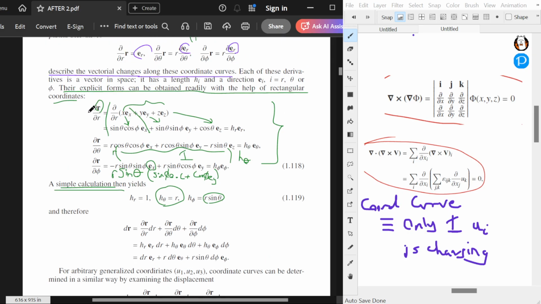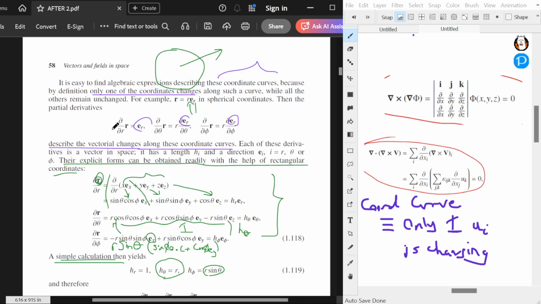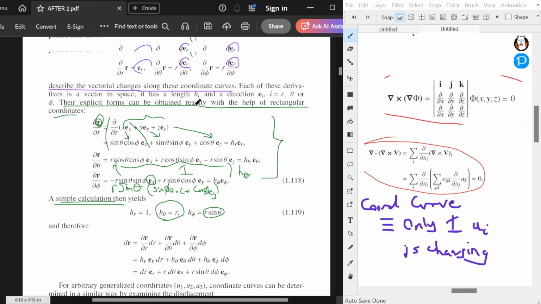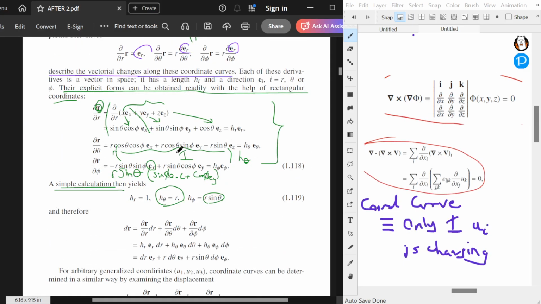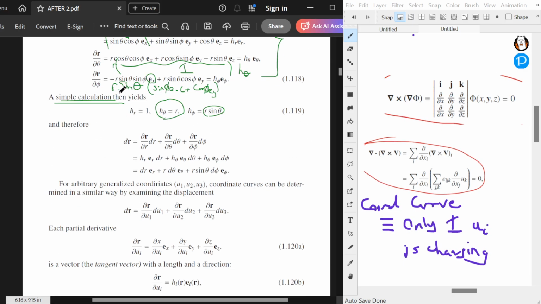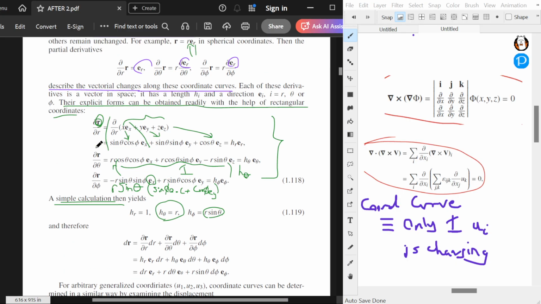Oh, and all of this is just with r. Okay, no, never mind, never mind. Okay, and therefore dr, a change in r.